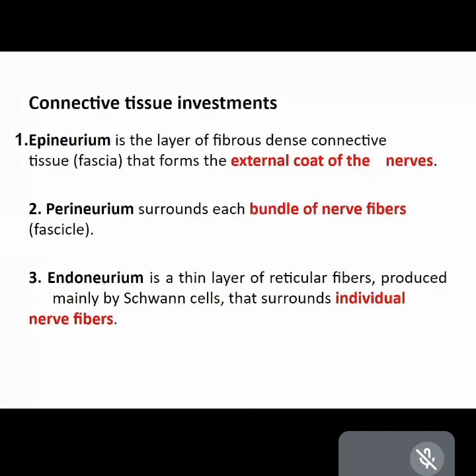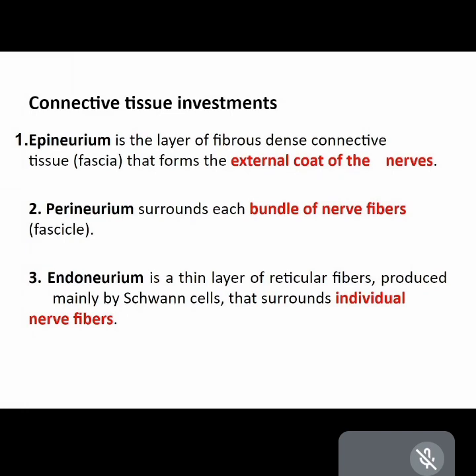Connective tissue investments, just like the muscle tissue, have the epi, the peri, and the endo, only that it is neurium because it's neuro. Epineurium is a layer coating the external portion of the nerves. It is a fibrous, dense connective tissue fascia that forms the external coat of the nerves.